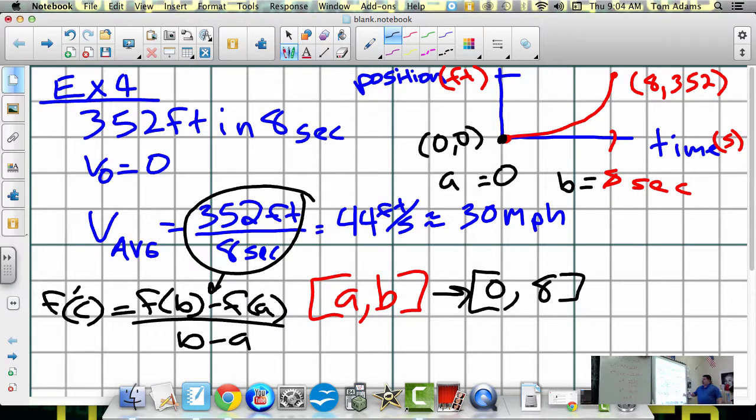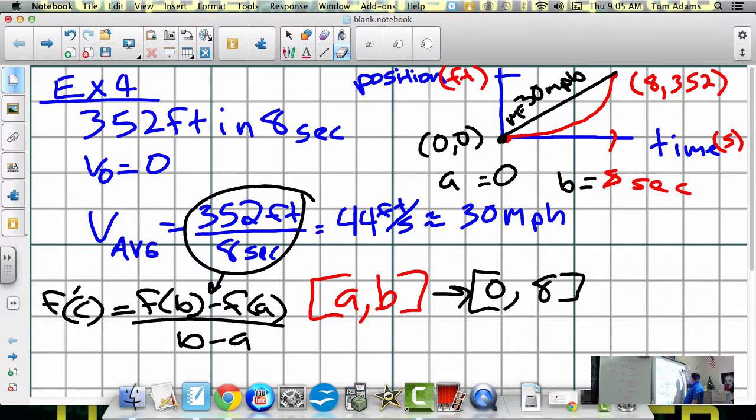Now what does that mean? That means that my secant line here has a slope of, if I were to convert it, 30 miles per hour. Whoops, that's not mph. Oh, I knew that would happen. Okay?